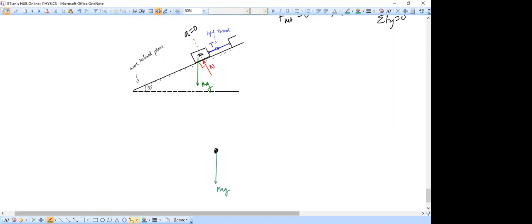Okay. There is normal reaction, which is not acting vertically upwards now. It is acting like this. So this is going to be key to our analysis, to understand what is the direction of normal reaction. And there is tension acting because of the rope, which is along this direction.